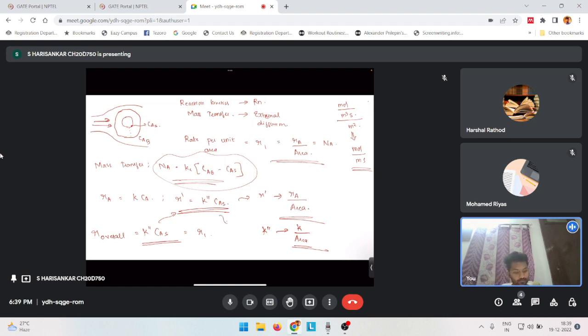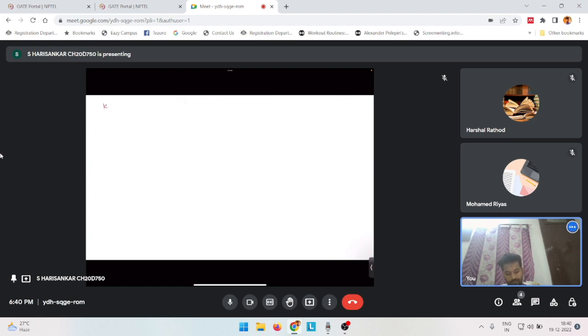And this is equal to NA. So basically, after a lot of mathematical manipulation, what it comes down to is K double dash into CAS will be Kc into CAB minus CAS, because R1 is equal to NA.